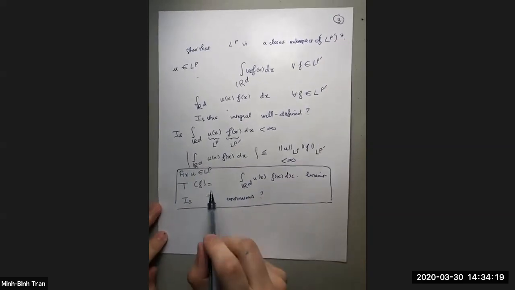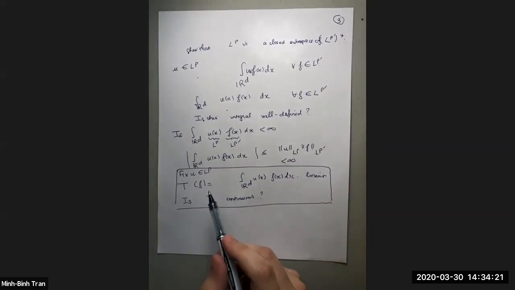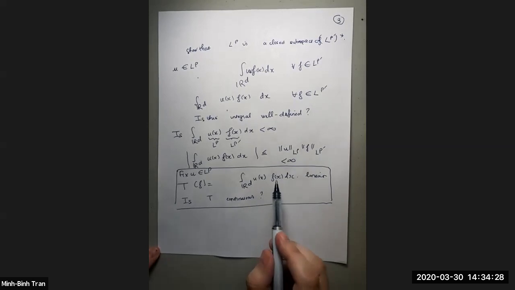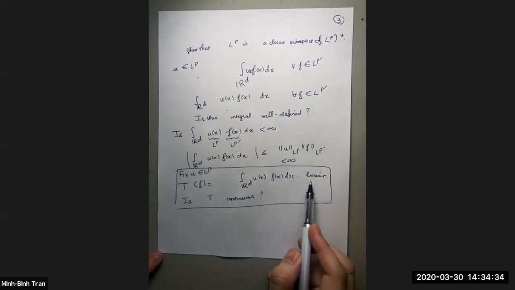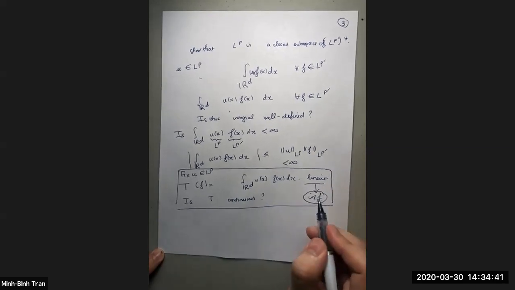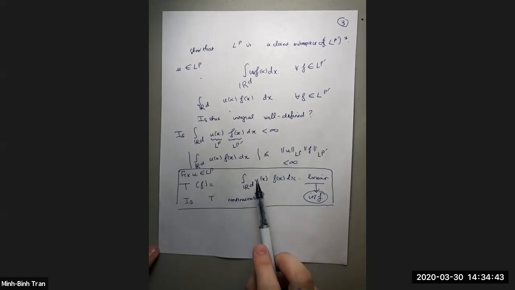Now I fix a function u in L^p. Then T of f will be the integral of the product f(x)u(x) dx. I integrate, so this is a linear function in f, right? So definitely this is a linear function in f.